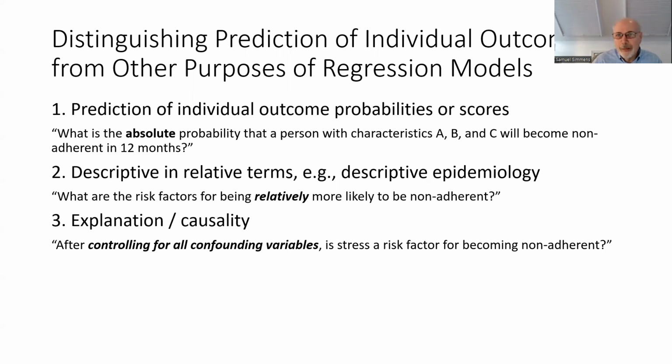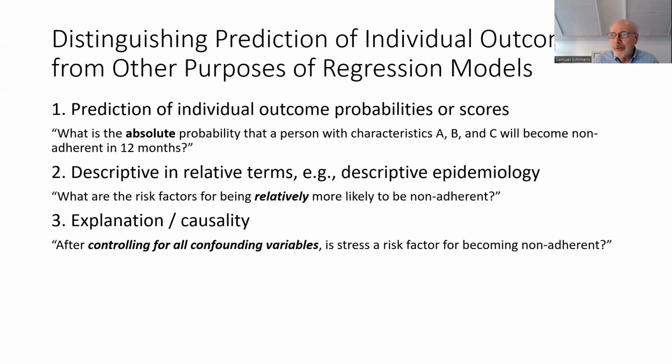The software might be the same and the output may look the same, but there's more to it for a prediction model, where you're estimating the absolute value of a probability, in the case of a binary variable, that someone has a particular condition or has a particular risk.